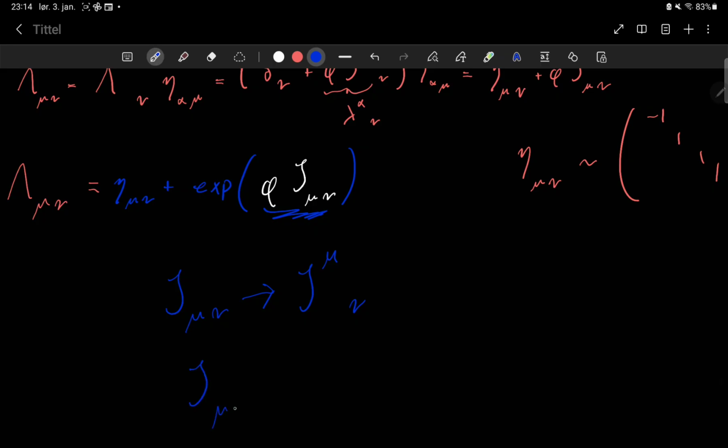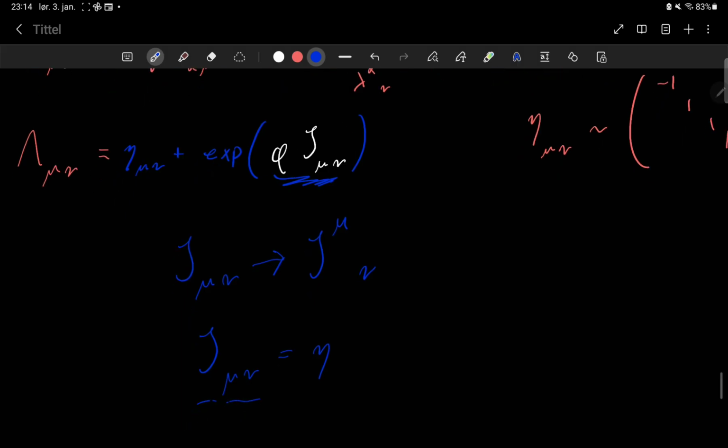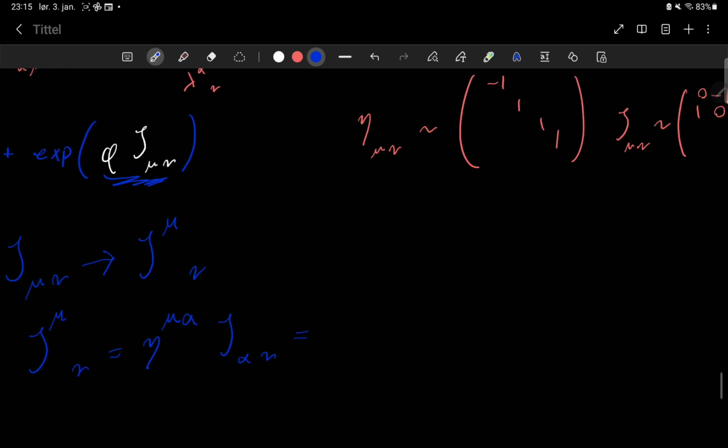So this, we know the form of this. We want to find the form of the other guy, of the mixed form. This is just the lowered form with a raised thing going on. And this is ordinary matrix multiplication here.